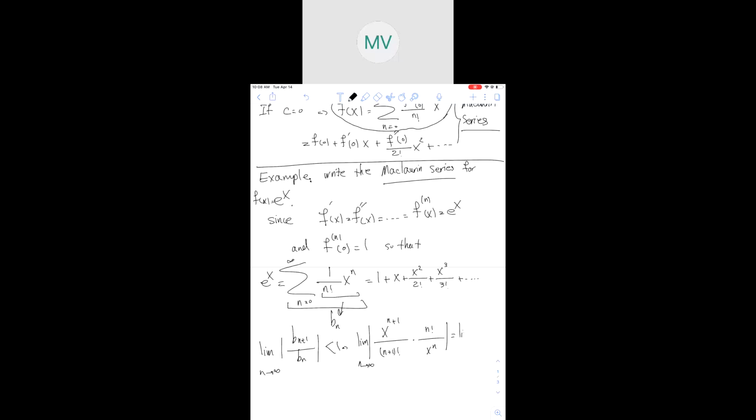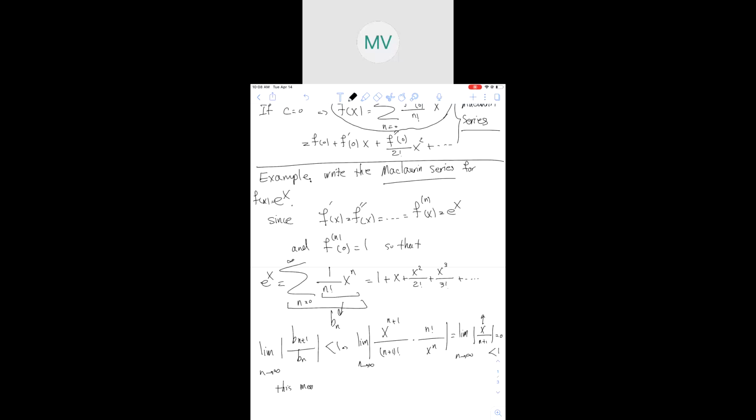If you simplify it, you'll see it's x divided by n plus 1. In fact, we already found this. And that's 0, because x is a finite value and n approaches infinity, so that's 0. So no matter what, this is always strictly less than 1.